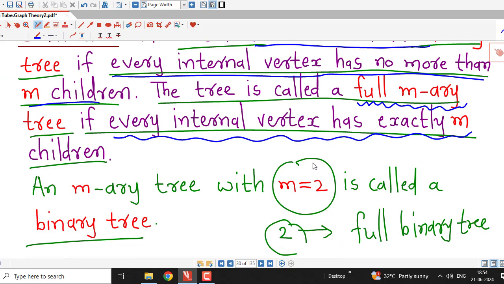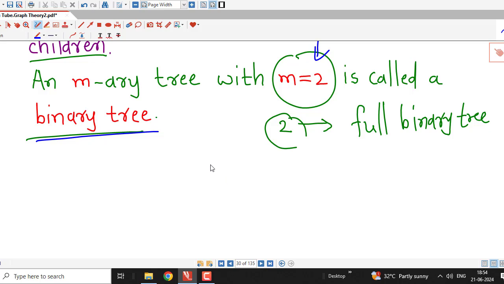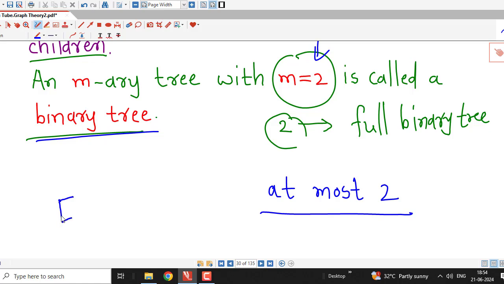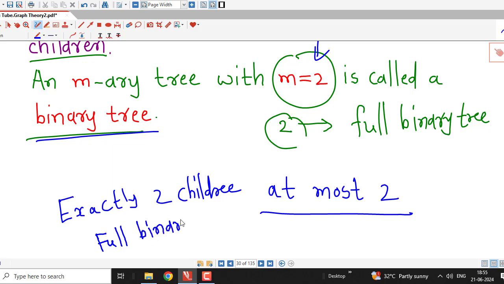An m-ary tree with m equal to 2 is called a binary tree, or in other words, a rooted tree is called a binary tree if every internal vertex has at most 2 children, and if every internal vertex has exactly 2 children, then we say that the rooted tree is a full binary tree.